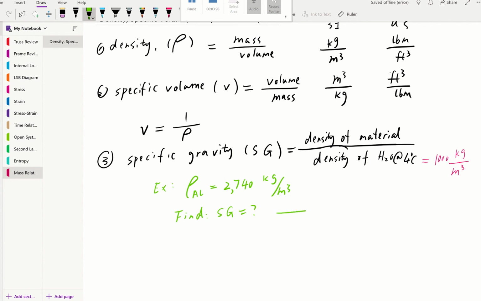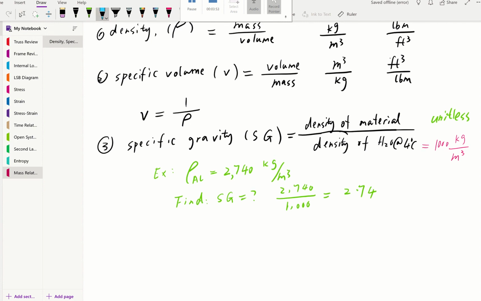So that will be equal to 2740 over 1000. That will give us the answer of 2.74. And from this example, you notice the units canceled out. So the specific gravity has no unit. It's unitless.